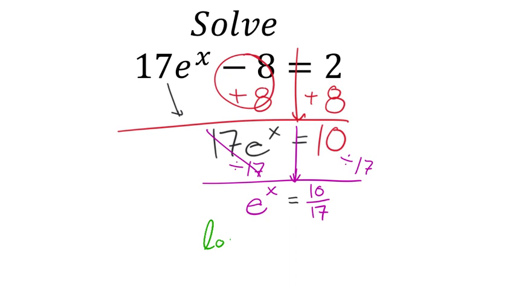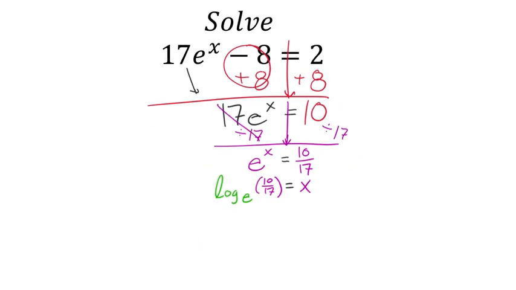So it's going to be first log base e of the product, which is 10 over 17, and then it would equal the exponent, which is showing as x. Now that we have that, I will show log base e is actually the natural log of, in this case, 10 over 17, and that should equal x.